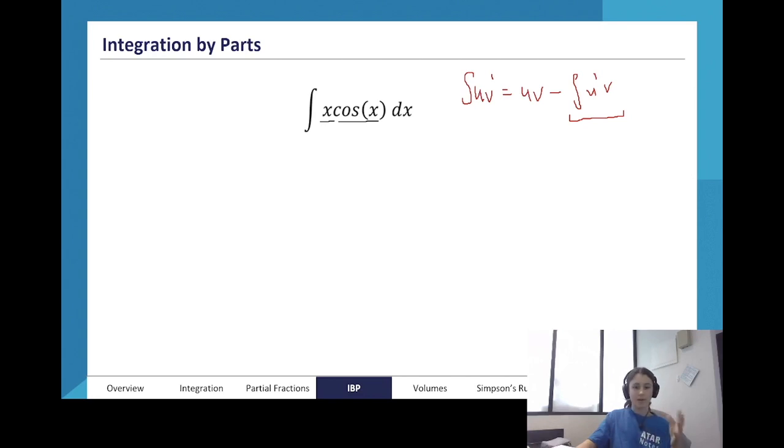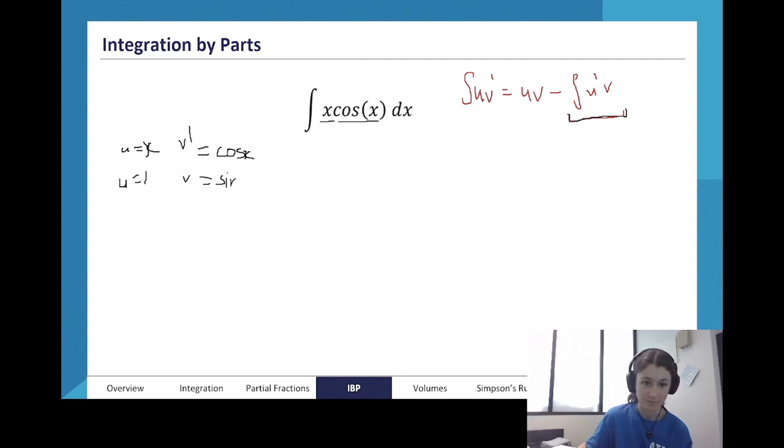So what's going to make it simpler for us is if we let u equal x and v dash equal cos x, because then in this section of our formula, we're going to have u dash, which is going to be 1, multiplied by v, which is going to be the integral of cos x, which is sine x. And that we can integrate.